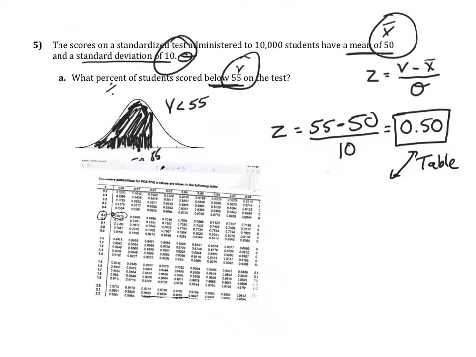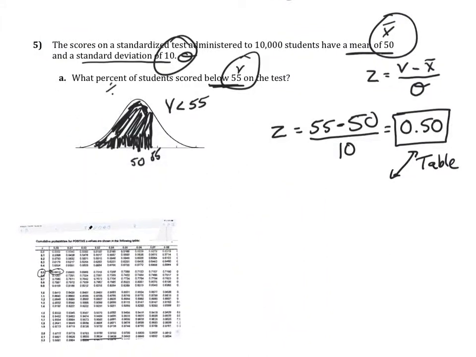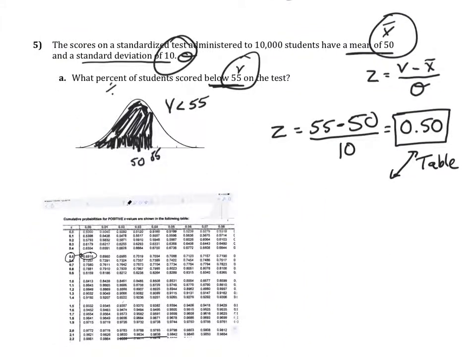Okay, so if I go back over here, I'll rewrite that number. So what we found that to be, remember we're looking on the outside of our z-score table. We get 0.6915, okay? We need to change this to a percent. That's what the question's asking for. So we're going to move it over 2 times to the right, and we get our answer to be 69.15%.